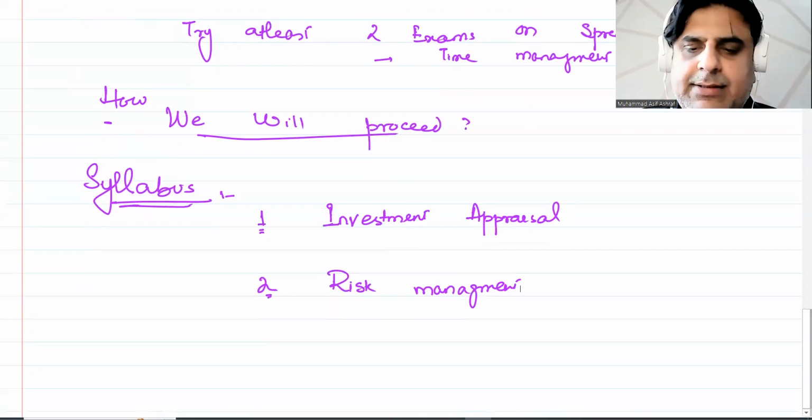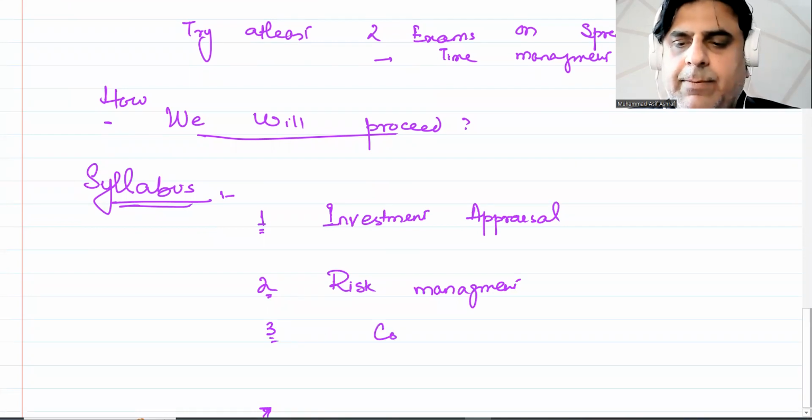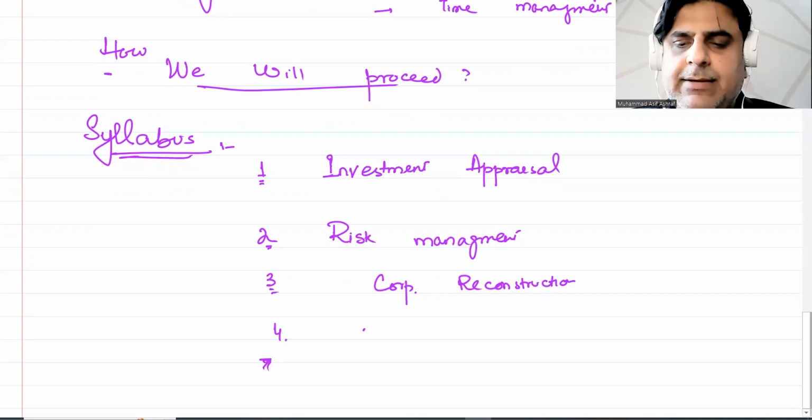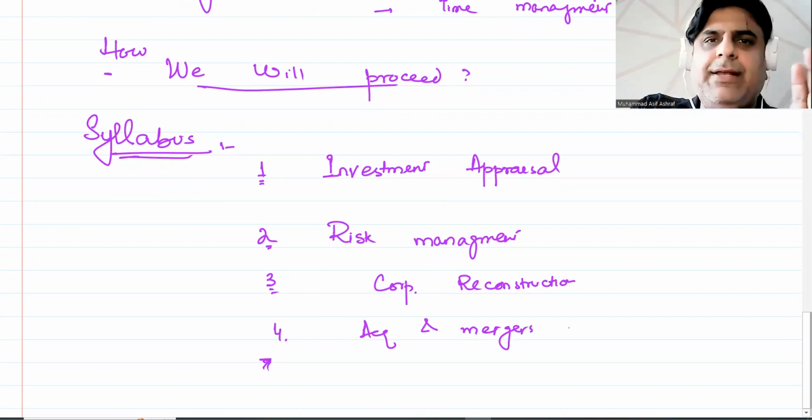The third part is corporate reconstruction. And the fourth one is acquisition and mergers. So we have only 4 areas.